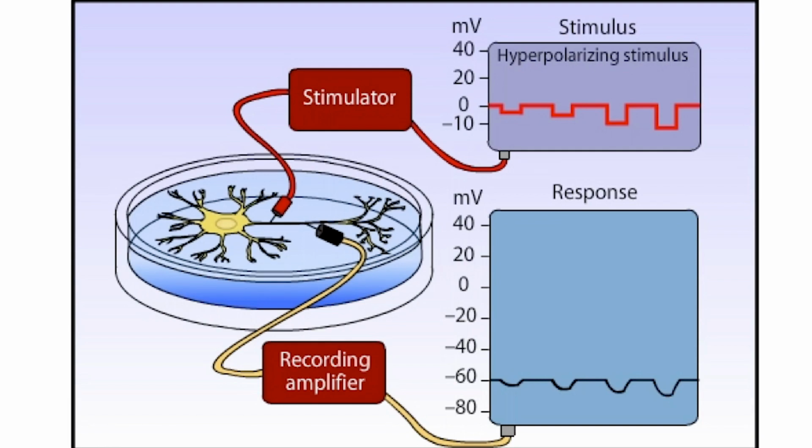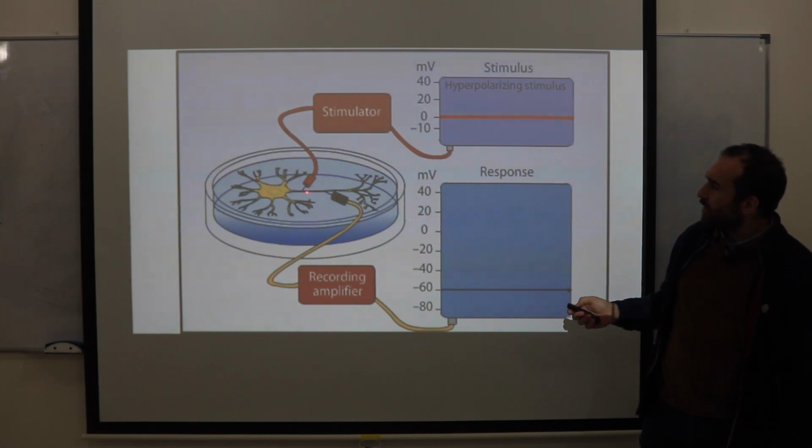So what are the properties of the action potential? This experimental setup lets us study some of the properties of the action potential. This is a neuron that is put in water, the physiological liquid of our bodies, with some ions in it.